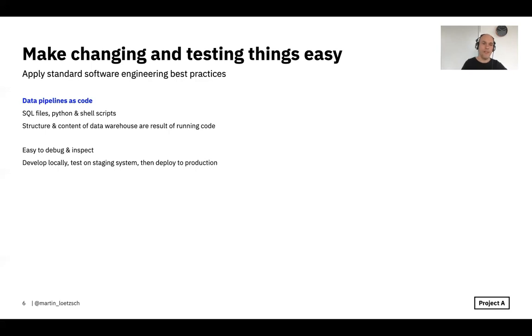And also, if you use code, so text files, then you can have normal software engineering workflows. So that you develop locally or at least in your own development environment, then test your changes on some testing system.